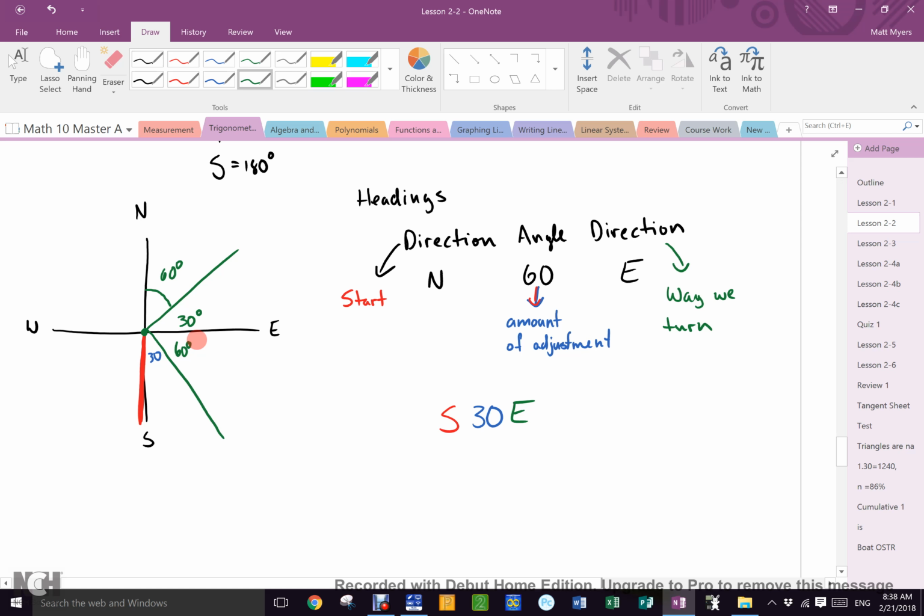Can everybody do these ones? Okay, try one more, because I had to help a little bit with that one. West 18 south. Where would that line be? It's always my favorite when I see people not writing this down who ask for help later.